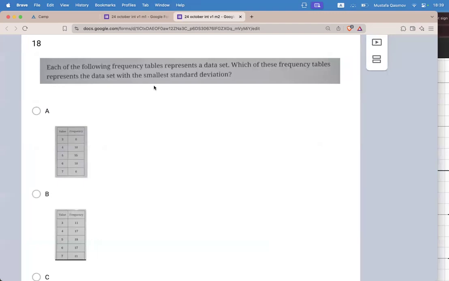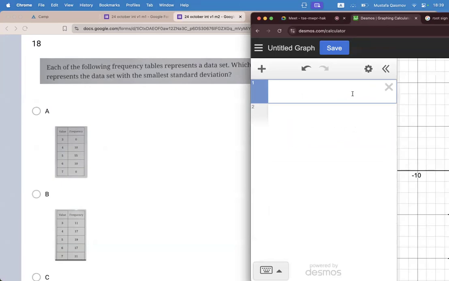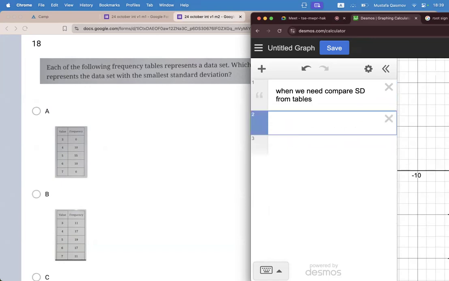Which one has the smallest standard deviation? When we have a table and need to compare standard deviation from tables, we have these rules.